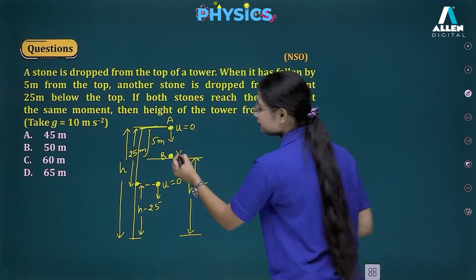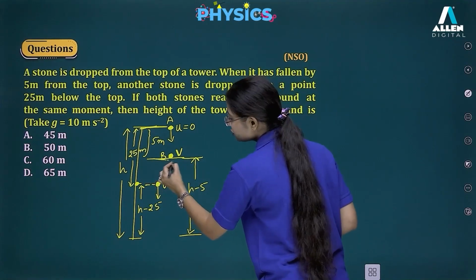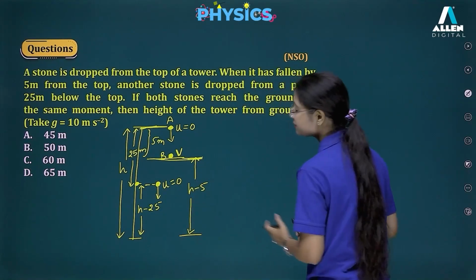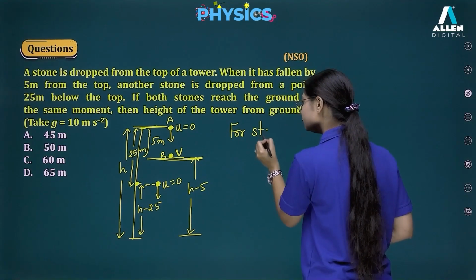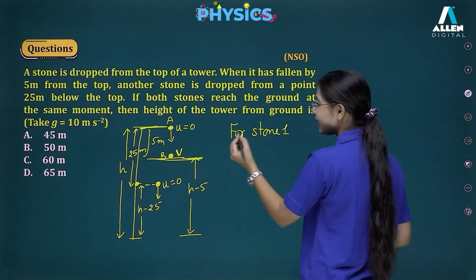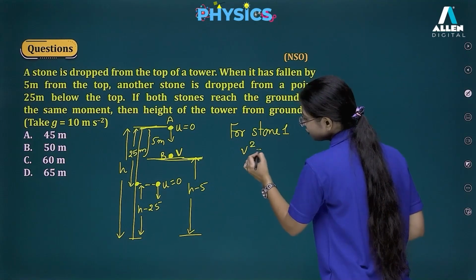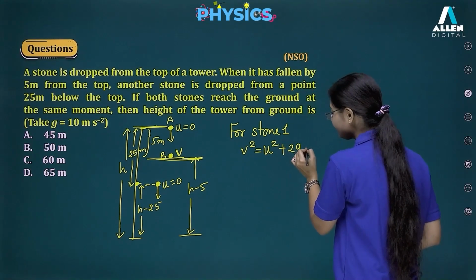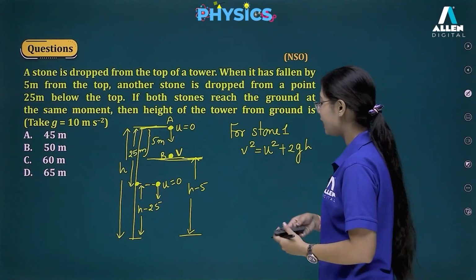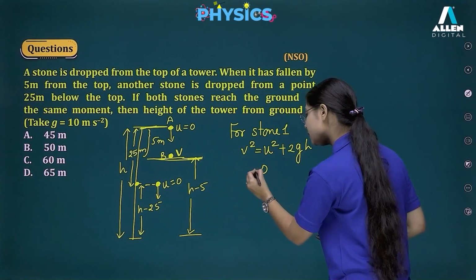Now, here the final velocity at point B, that is V, will become initial velocity for this height h minus 5. So, for stone 1, I will find the velocity at point B. So, I will use third equation, V square is equal to U square plus 2gh. And because it is dropped, its initial velocity is 0.